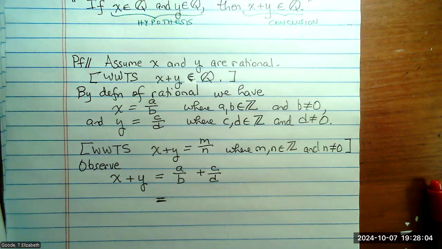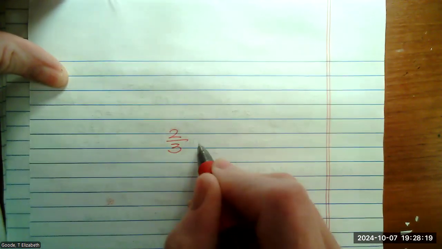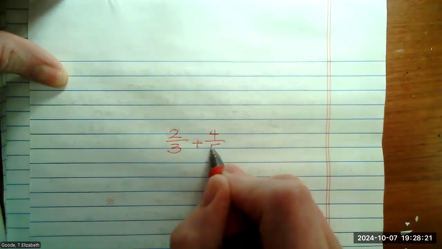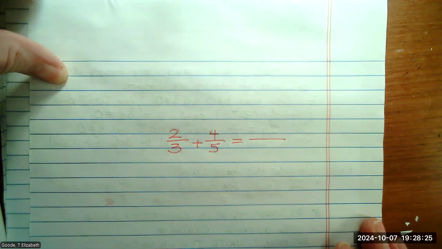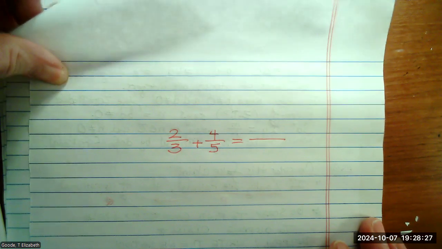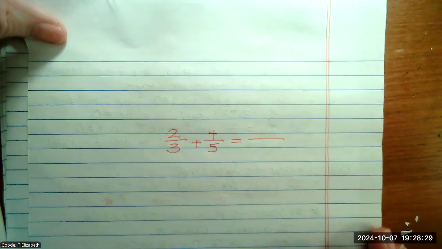Okay, so when we are trying to add two fractions, what do we have to do? Let me just show you a little scrap work. Like if we're adding 2/3 plus 4/5, what do we have to do? Anybody?